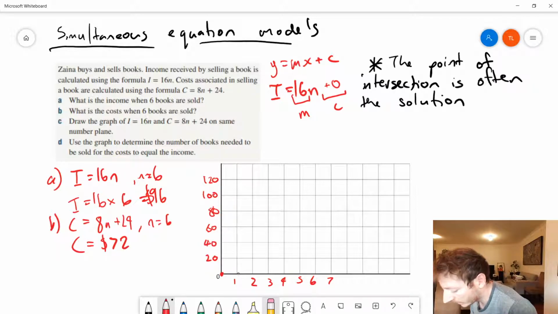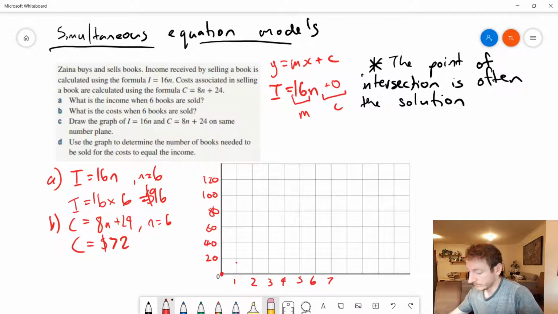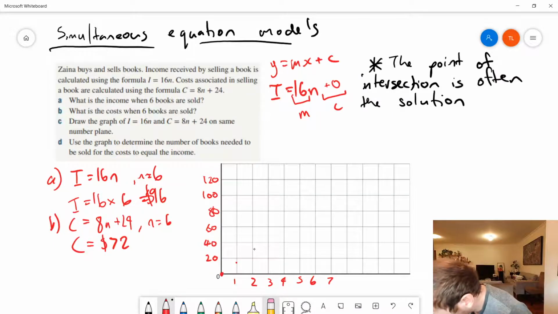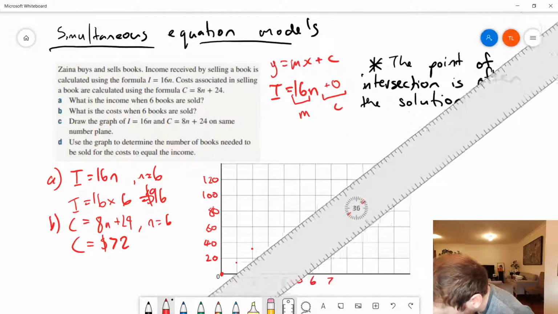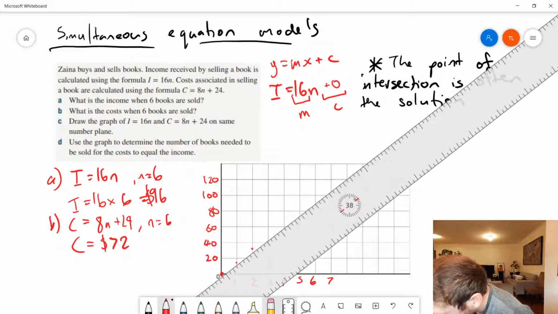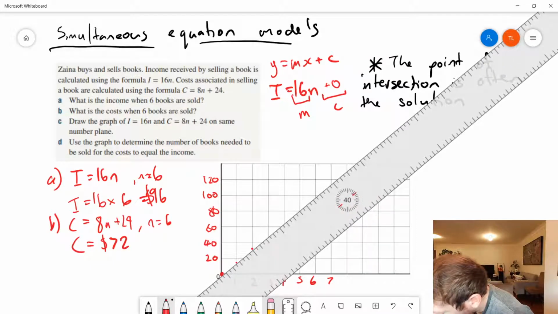So go across 1, up 16. So we are kind of guessing a bit here, so we'll do a few points. She sells 2 books. Well, we're going to go up 16 again, so we go across 1, up 16, which gets us to 32. You can see, if you keep going, it's going to keep going up by 16 because that is our gradient. So the y-intercept was 0, gradient was 16.